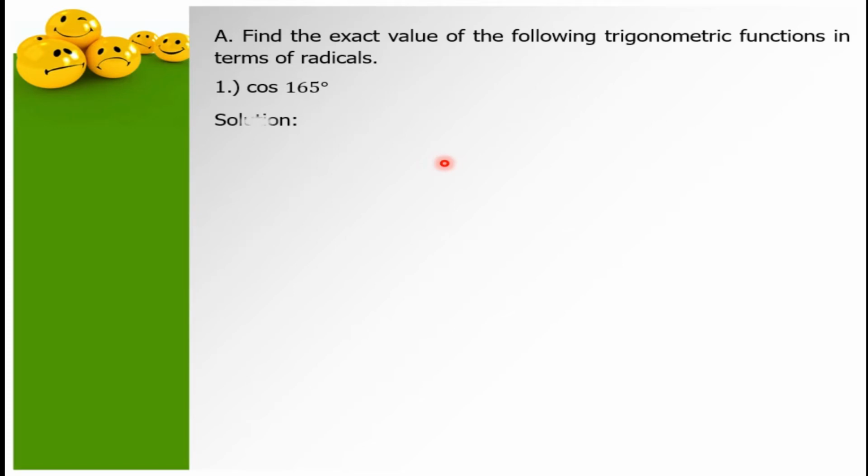So in this particular problem for cosine 165 degrees, we can express this into cosine of 120 degrees plus 45 degrees. Because 120 plus 45 gives us 165 degrees. And 120 degrees has a reference angle of 60 degrees. And 45 degree angle has a reference angle of 45 degree angle.